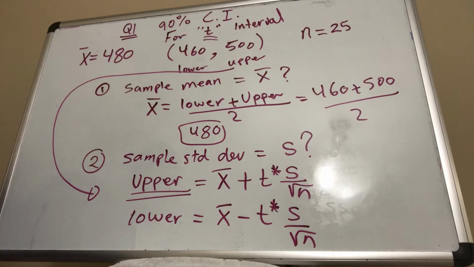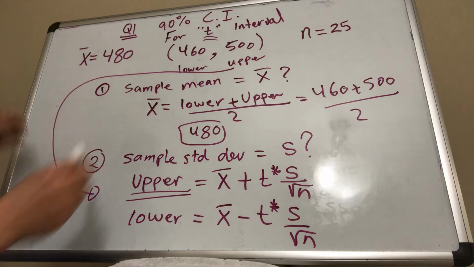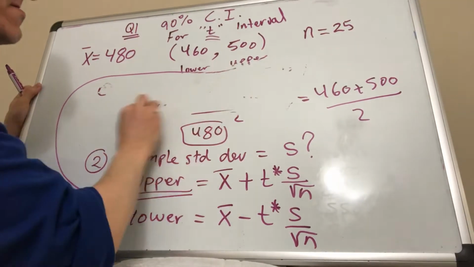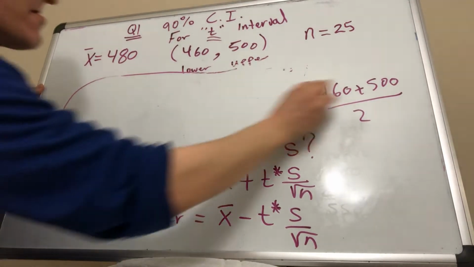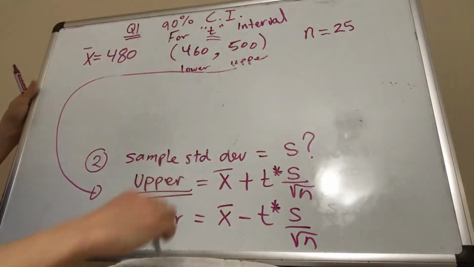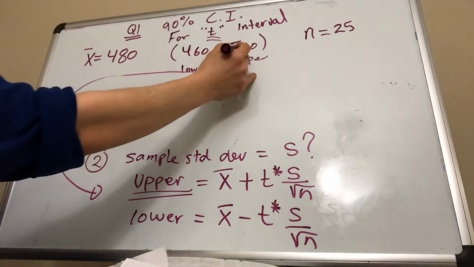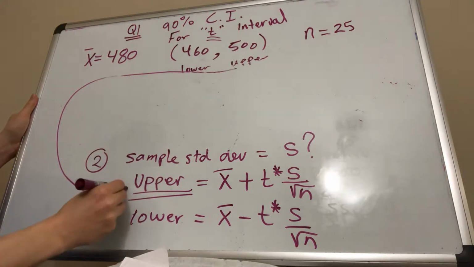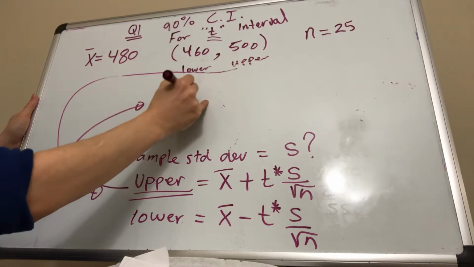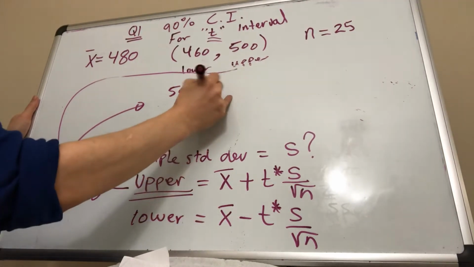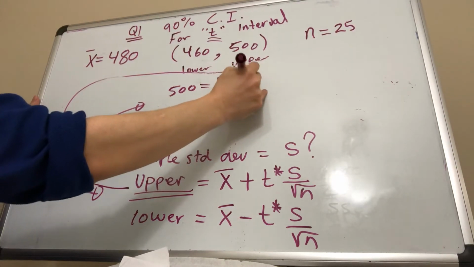I'm gonna erase some of this to do the answer. So again, I'll choose the upper point. So it'll be 500. My x bar we just did, that's 480.